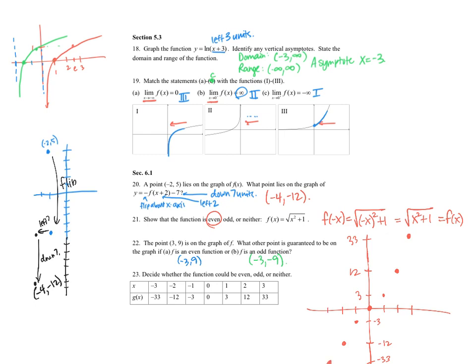So since we can pair up each of these, I can see that f of negative x is equal to the negative of f of x. We can see also it's symmetric about the origin. So since that's true, this is an odd function.